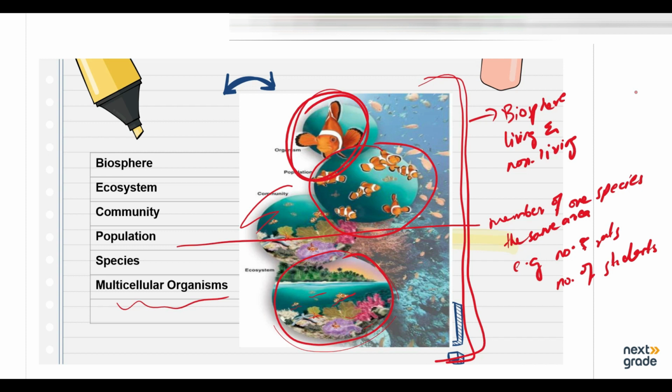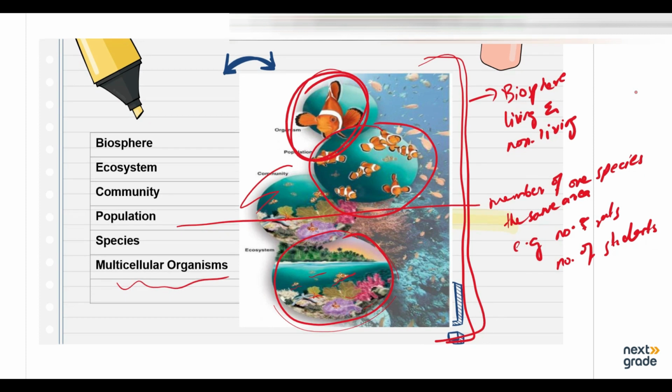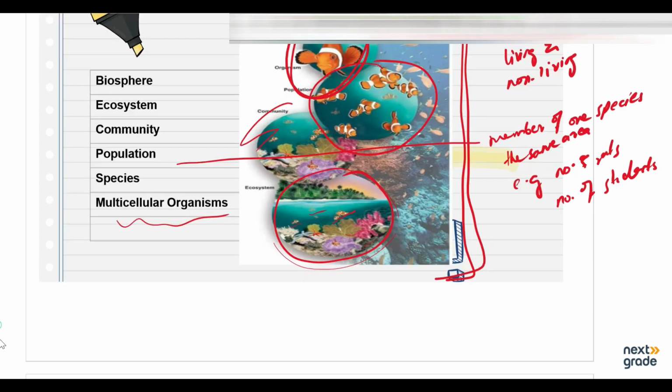It can be complex or simple. Then there is a population. A population is always members of one species living in the same area. Species are potentially interbreeding organisms. And what is a multicellular organism? An individual living thing that is composed of many cells, right?